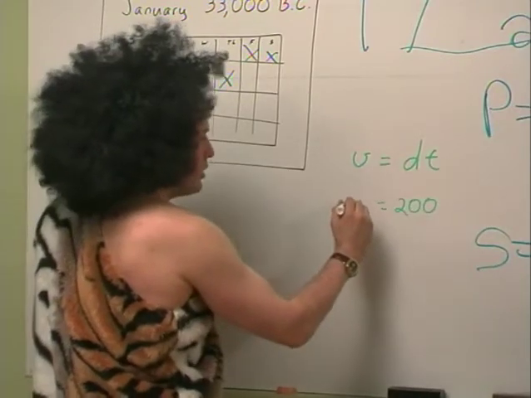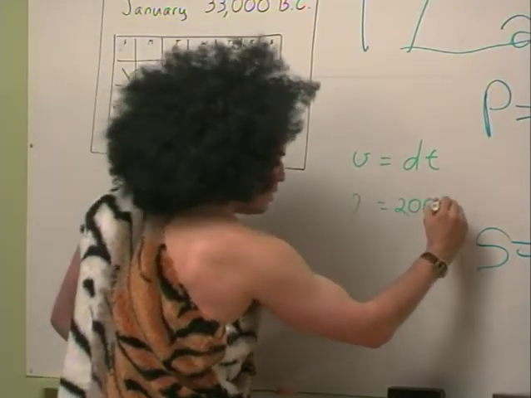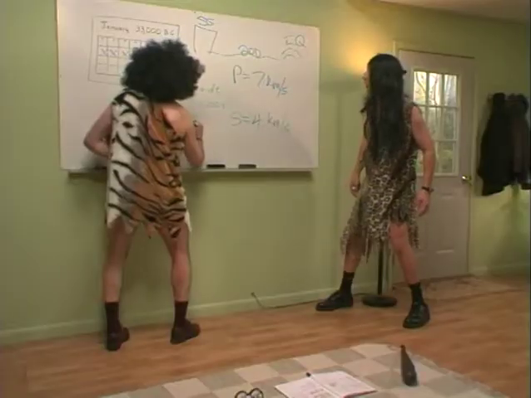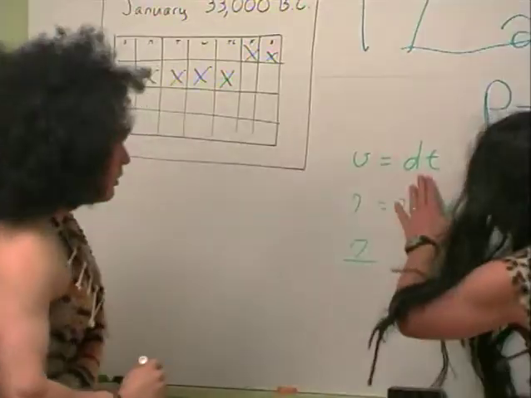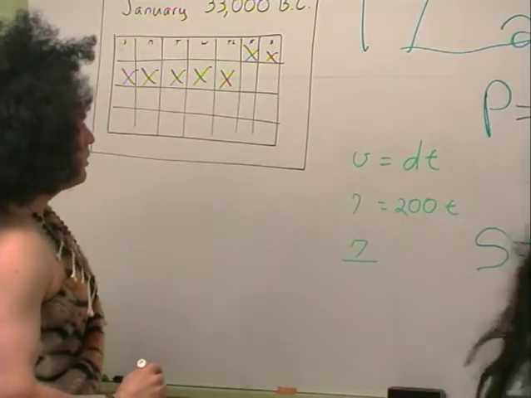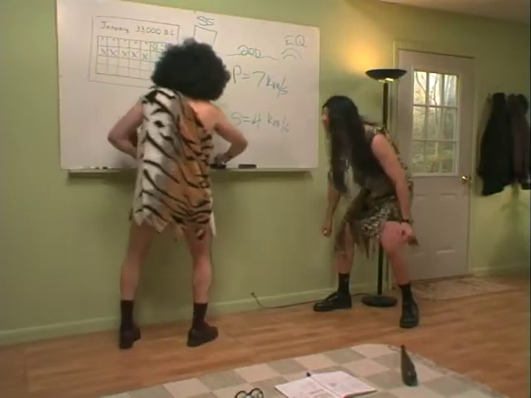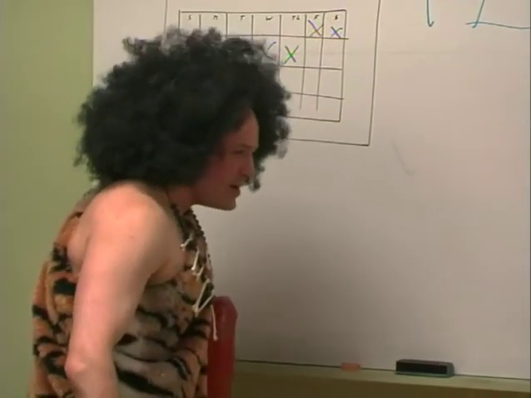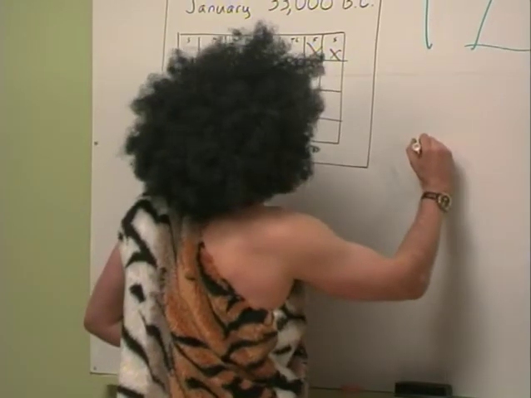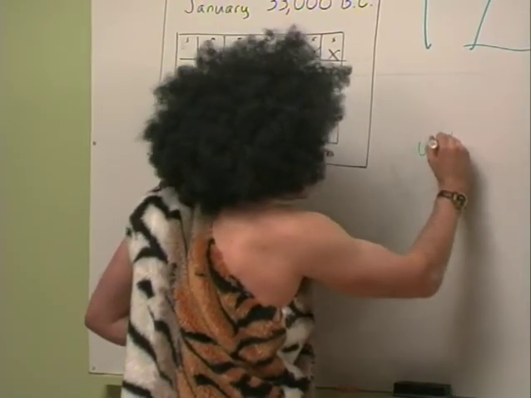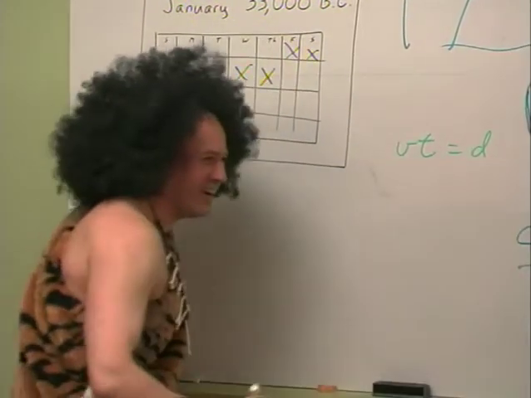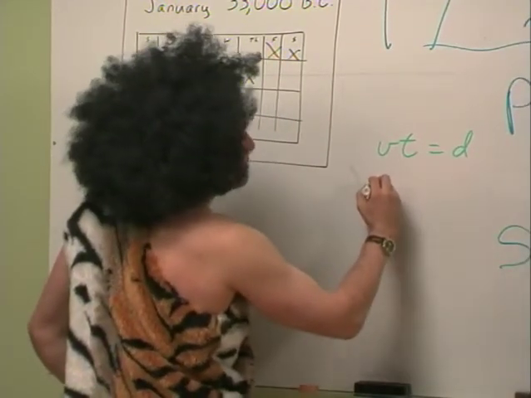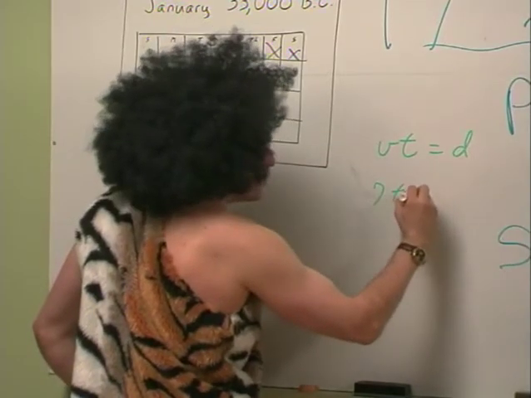Velocity, 7 times time. Wait. D equals VT. Stupid! I knew that. VT equals D. Very stupid, you.